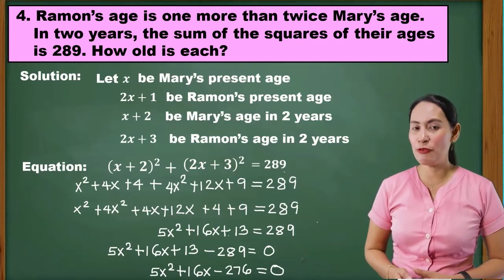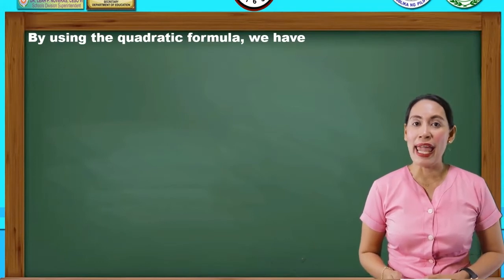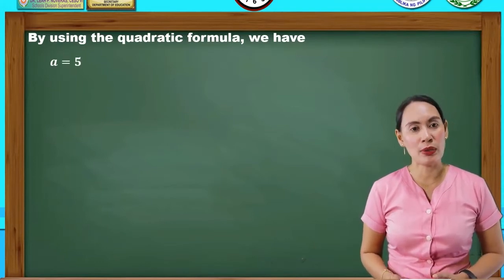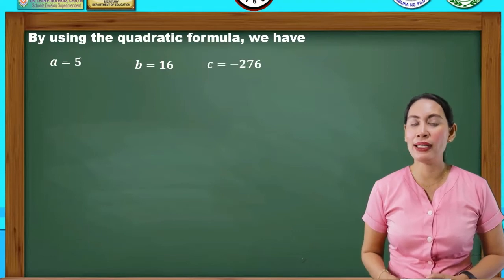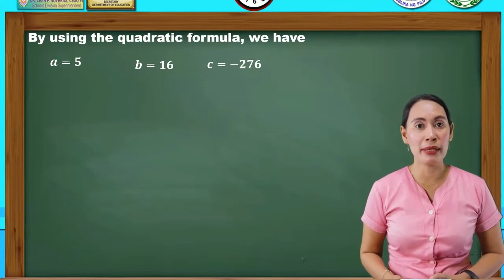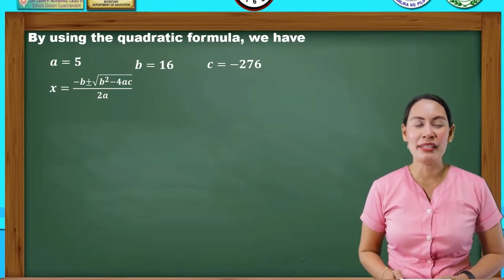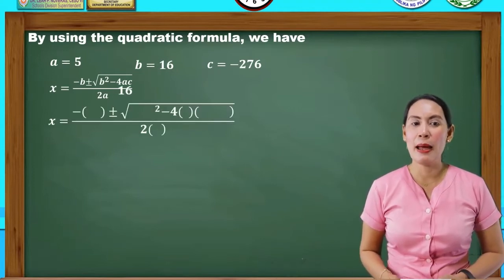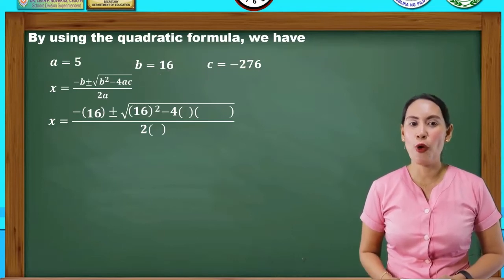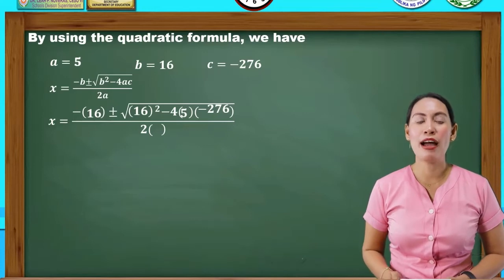By using the quadratic formula, we can solve the equation. So we have a equal to 5, b equal to 16, c equal to negative 276. Let us substitute the values of a, b, and c into the quadratic formula. So x is equal to negative 16 plus or minus the square root of 16 squared minus 4 times 5 times negative 276, all over 2 times 5.